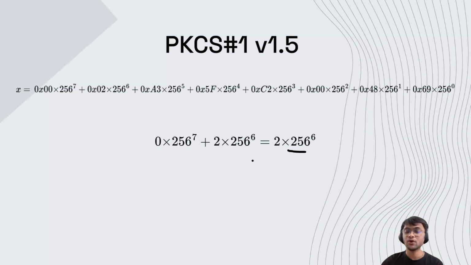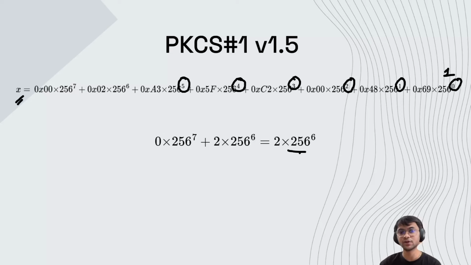Now, all of the remaining blocks have a power less than 6: 5, 4, 3, 2, 1, and 0, which is 1 itself. What this means is the upper bound of this string S can never cross 2 times this number.